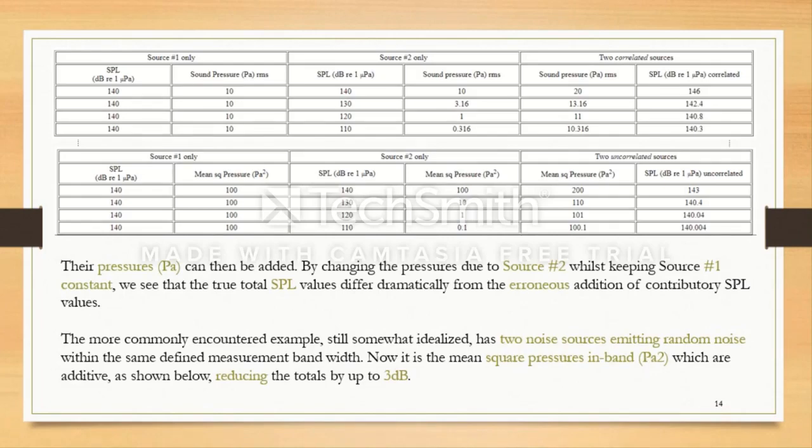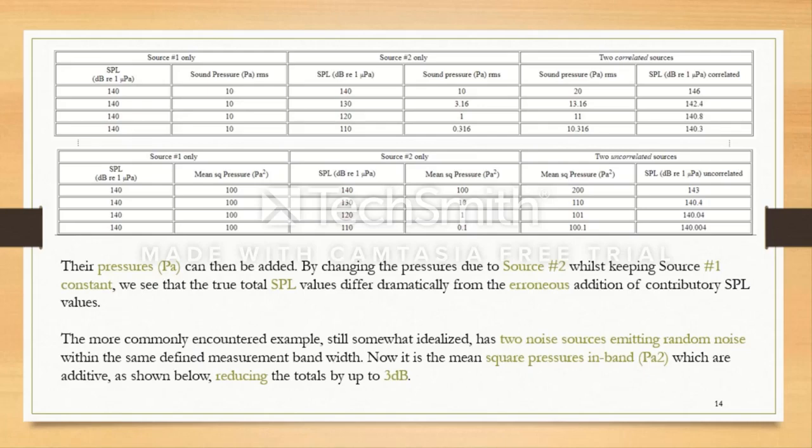But for SPL, we don't have the same formula for add-up. As you see, 140 plus 140 is 280, but here it has been written 146, not 280. So its formula for add-up is different, and we have different numbers here.